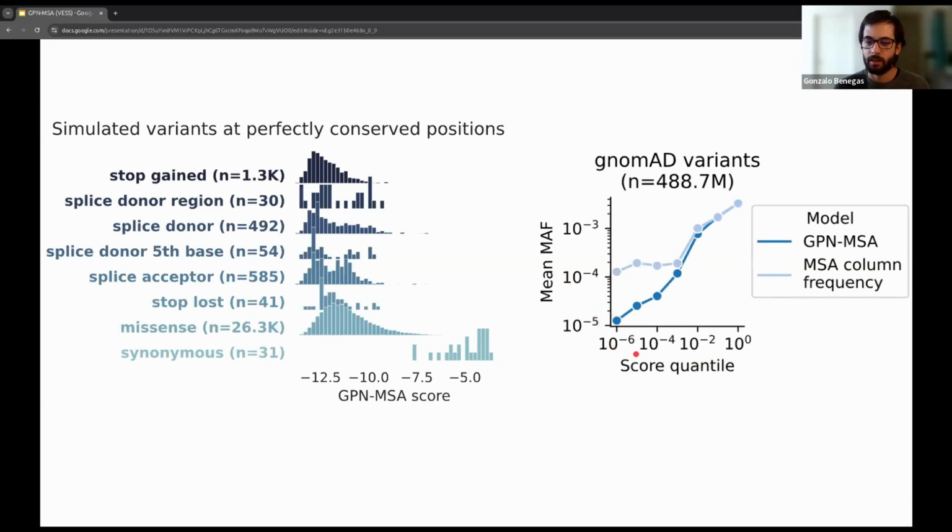This suggests that a lower score from GPN-MSA indicates variants that tend to be really constrained, so the allele frequency is lower, and lower than what we would find by taking the lowest scores based just on the MSA column frequency.